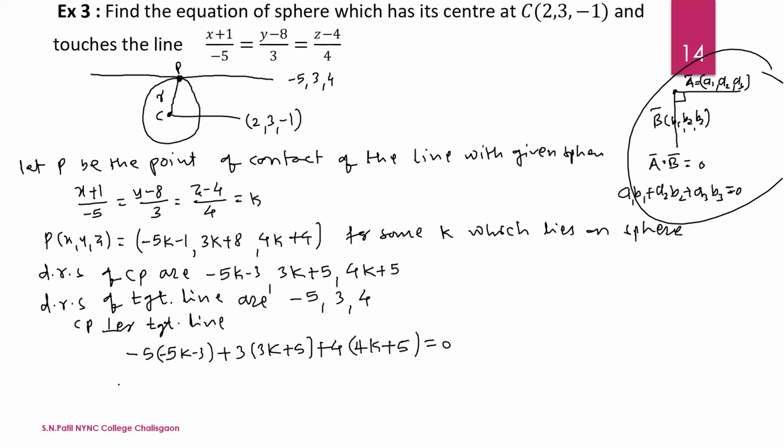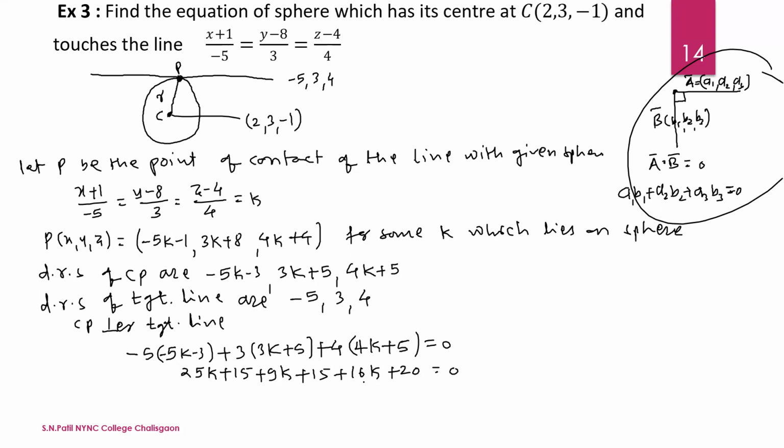Okay, now simplify. Here minus 5 multiplied here, that is plus 25k plus 15. 3 is multiplied here, 9k plus 15. 4 is multiplied here, that is 16k, and here 20 is equal to 0.